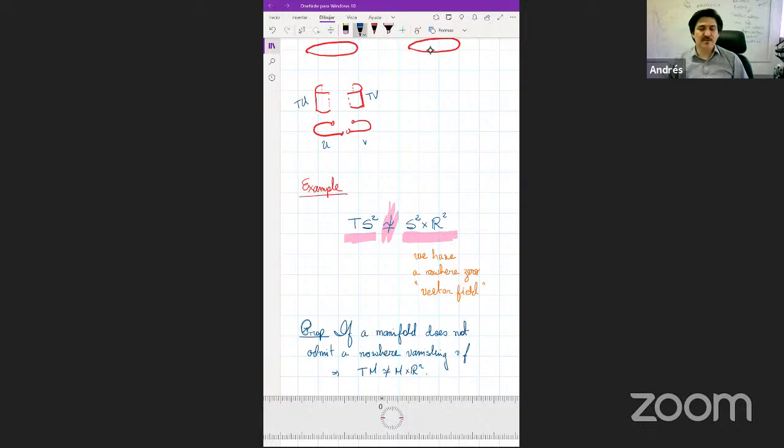So we have seen vector fields only on Euclidean space. Next week, we will see vector fields on manifolds. And we have seen the tangent bundle. But this result that you know for the sphere tells you that the spheres cannot be trivial.